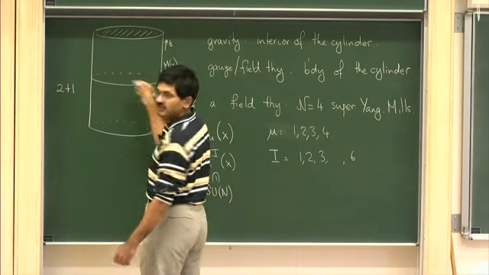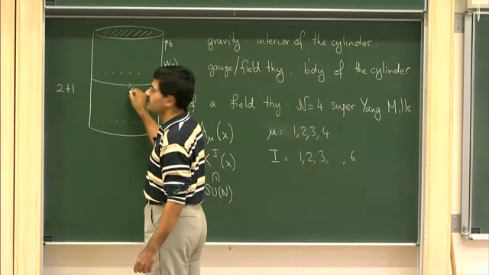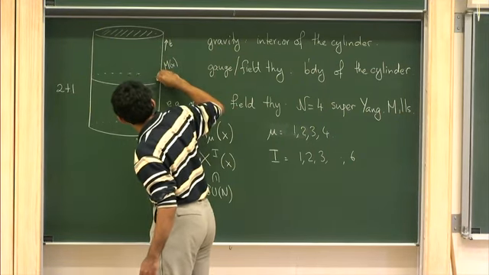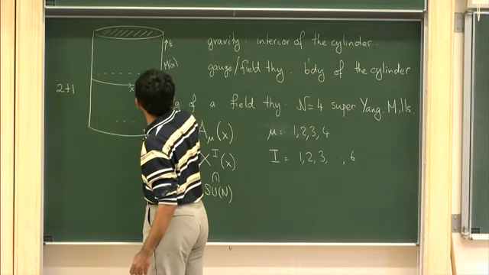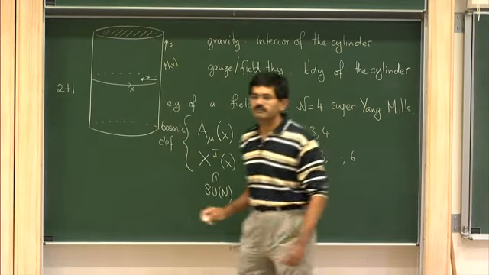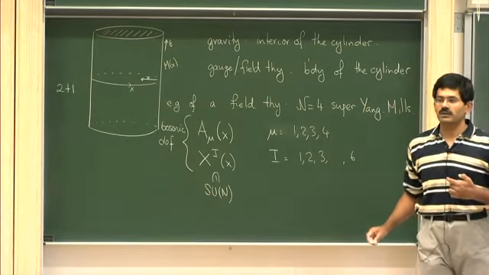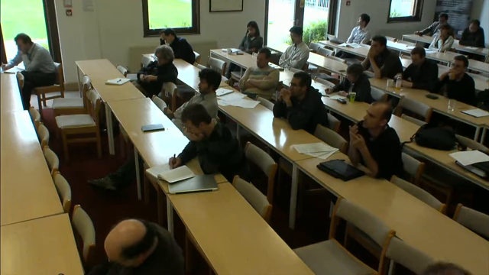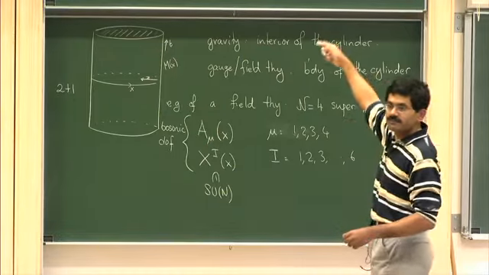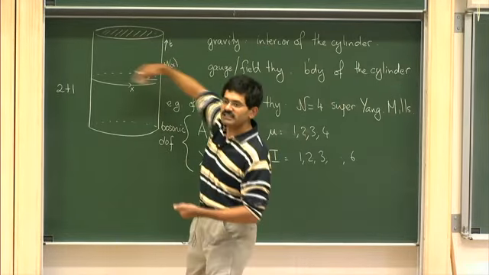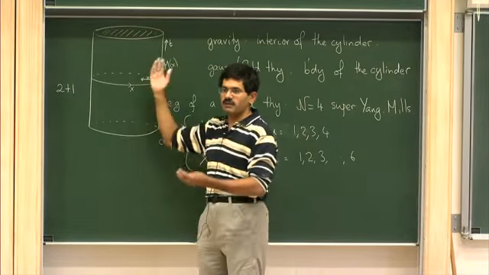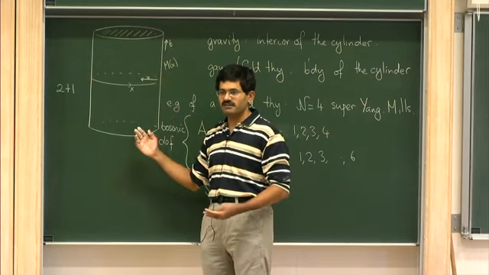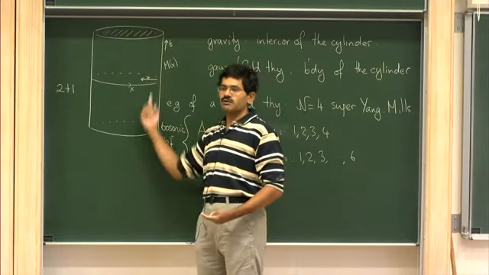X in this picture runs along the circle, and Z runs inward. So the 2 is just X and T, and the third is Z. The inside of the cylinder is parameterized by Z, along the cylinder is parameterized by X, and if you have more dimensions, there are more X's. I can't draw them, and then time goes up.